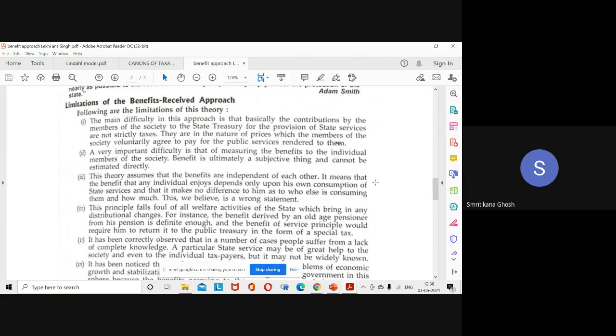So what are we getting? I'm not getting anything from this public good, but actually he's getting a lot from that, but it is not known to them. And as it is not known, they think, okay, I'm not getting any benefit, then I should not pay for that commodity. So this has happened for many public goods.